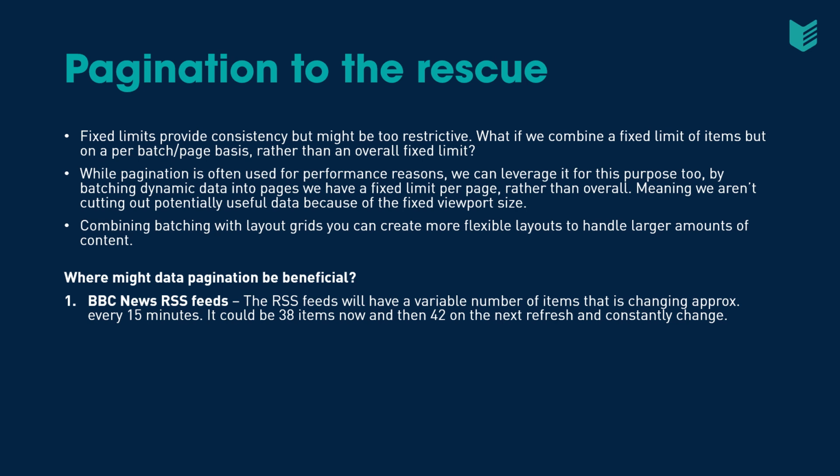Now, it's not necessarily changing every 15 minutes, but it could be changing every 30 minutes to an hour or so. So we don't know how many items total we're going to get from the BBC. And this is where pagination will benefit because we can then split that by X amount of pages that we deem appropriate.